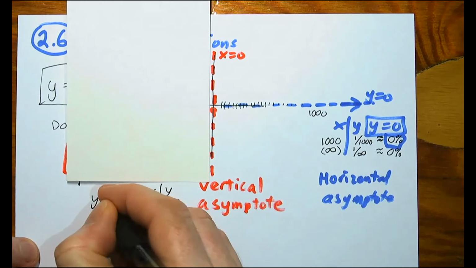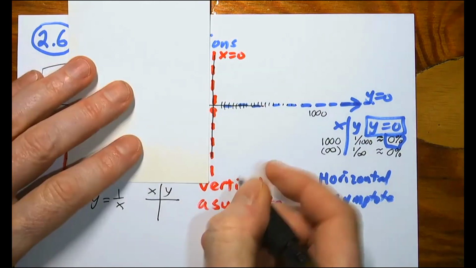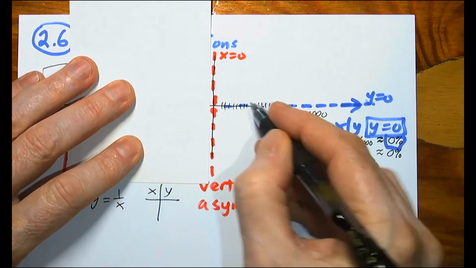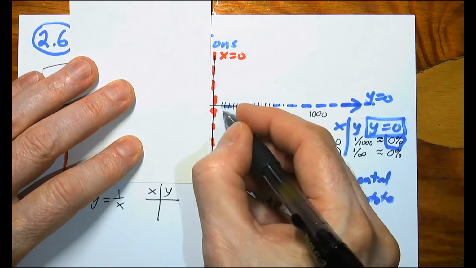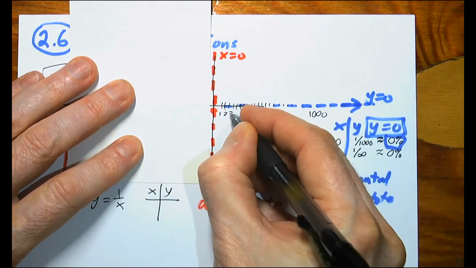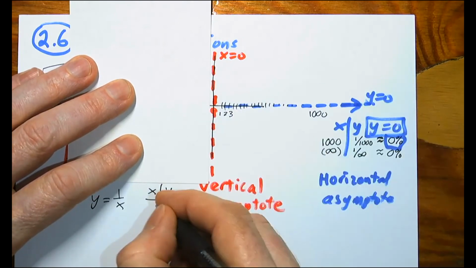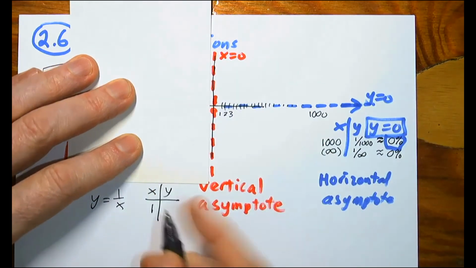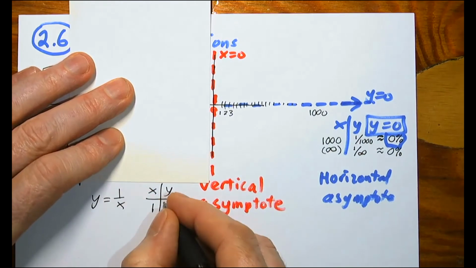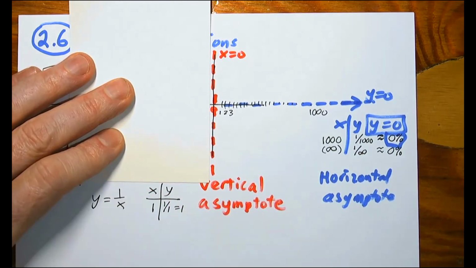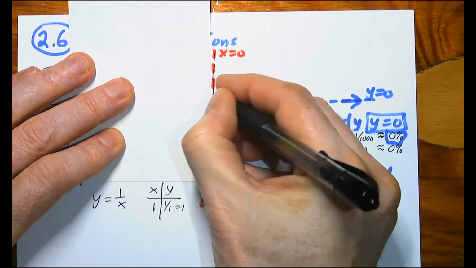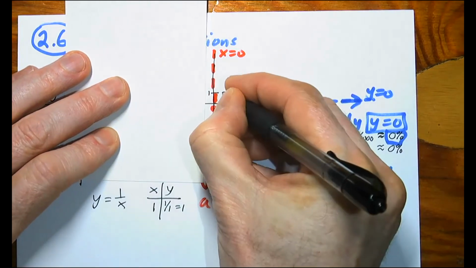Okay, like MC Hammer, can't touch this. So pick a number over here, any number you want. You can pick 1 or 2 or 3, or even 1,000. Maybe I'll just try 1. We'll plug it in. 1 over 1 is 1. Plot that dot. Okay, 1, 1.